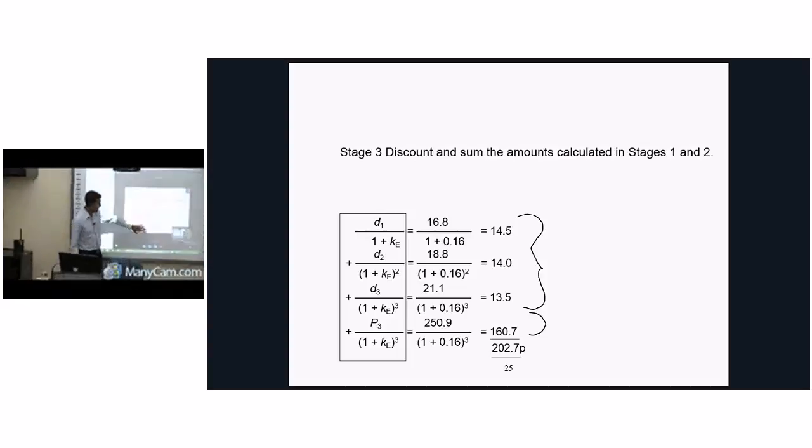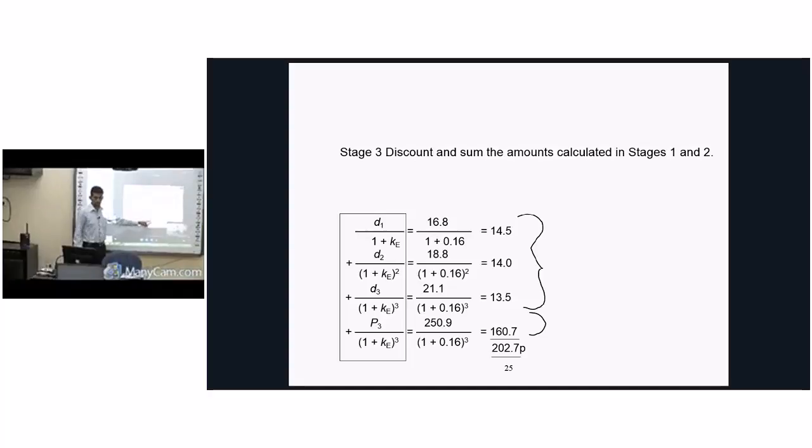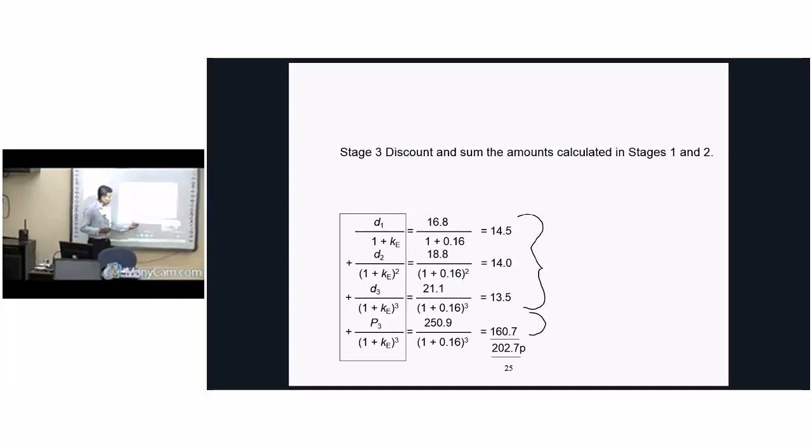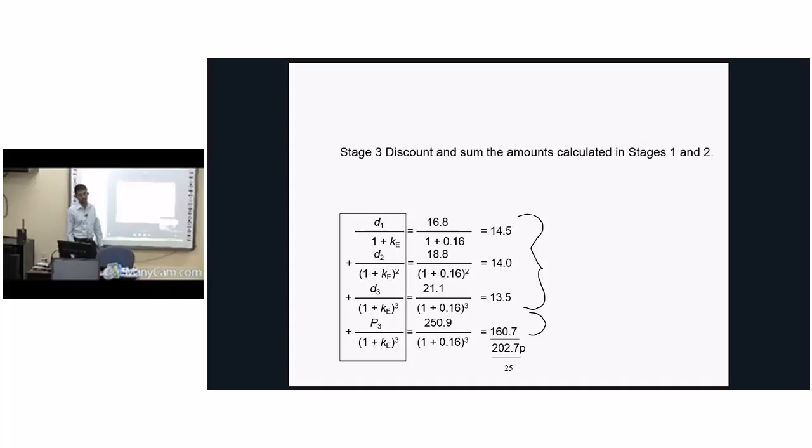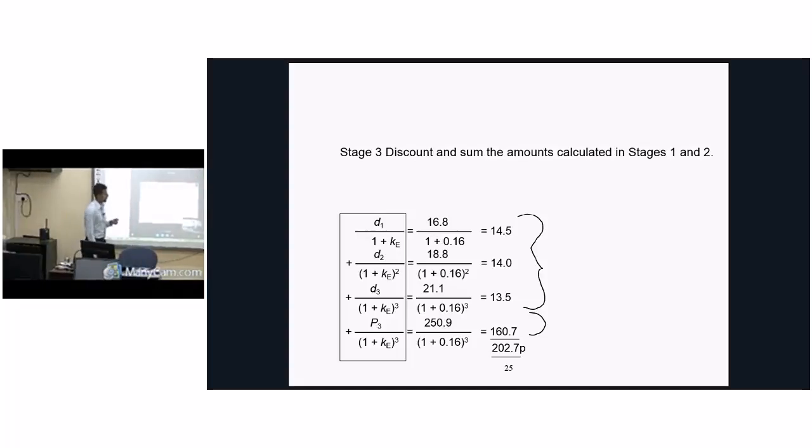You can apply this equation and get the figure. But what you need to remember is that the figure you get is again halfway, not today's value. So based on the year that you get, you need to convert it into present value and arrive at the value of the firm. Then you multiply by the number of shares to get the value of the firm.